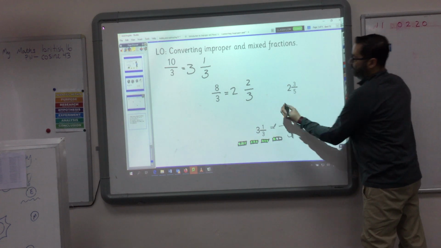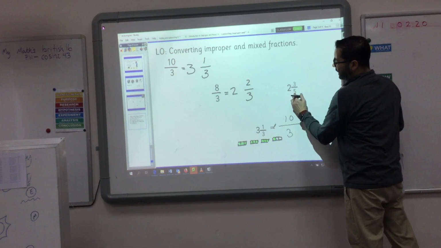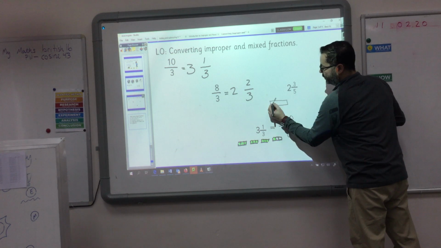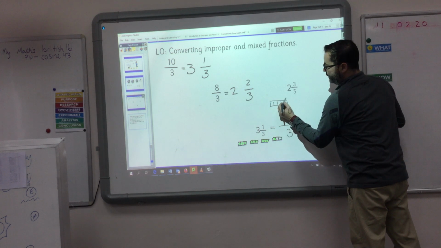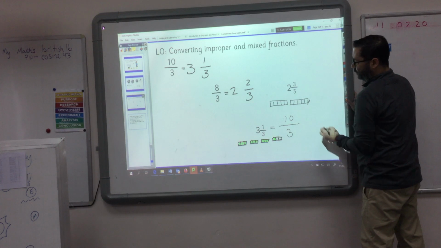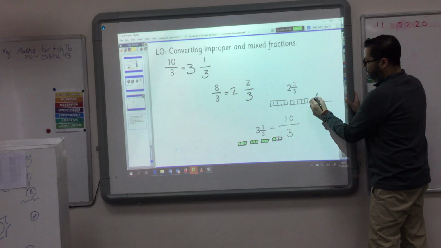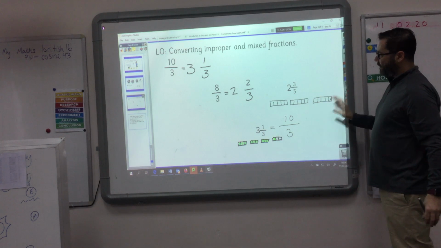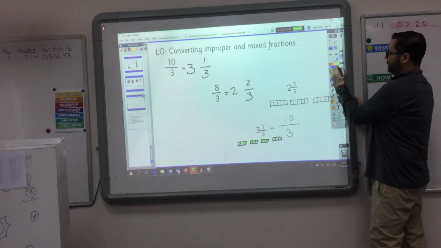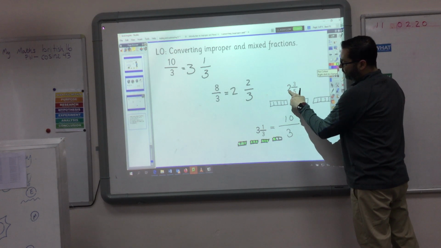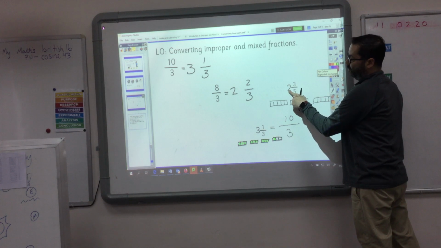Now let's try this one. We have 2 whole 5s. So that's 1, 2, 3, 4, 5, and then another. Okay, so let's color these ones in. We have 1 5 over 5, which is the same as 1 whole.